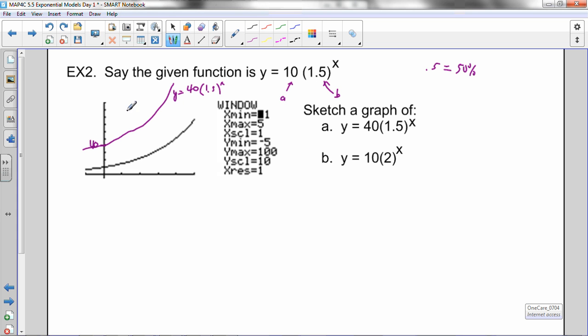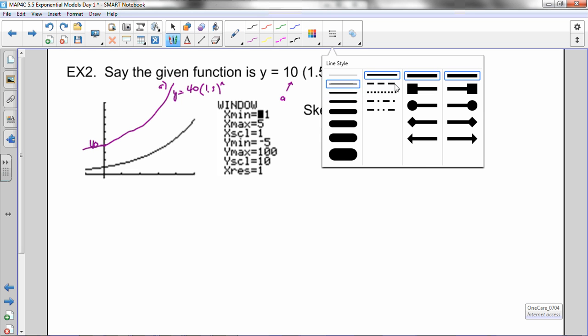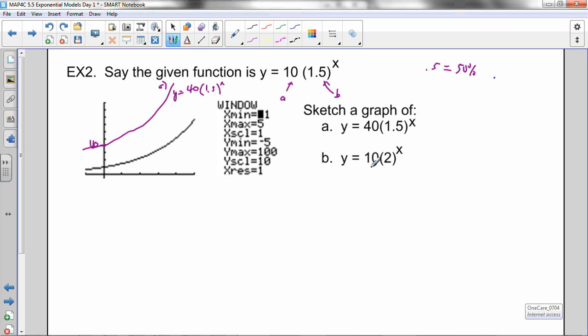Compared to B, and this is A, compared to B, which has the same initial value, but a different base, a higher base. So it means it's going to have the same starting spot, but a steeper base, right?